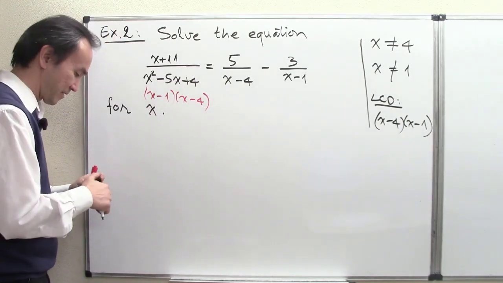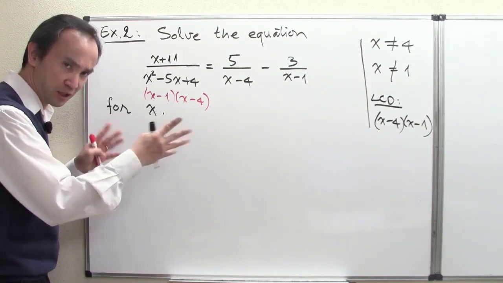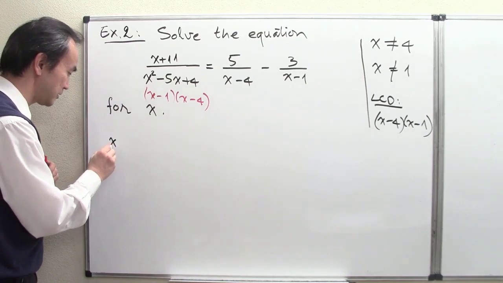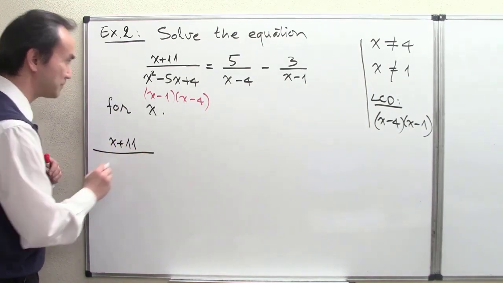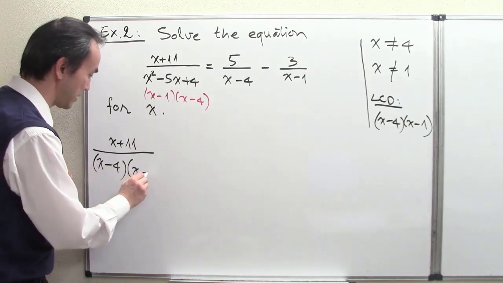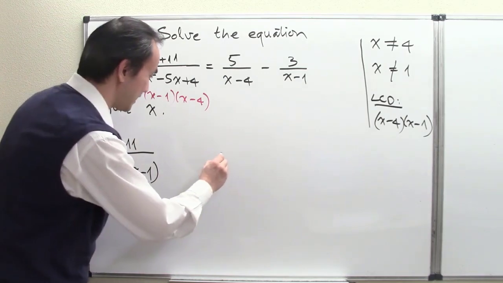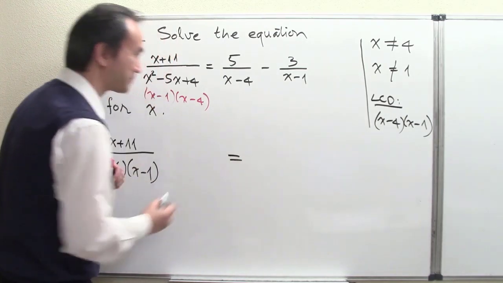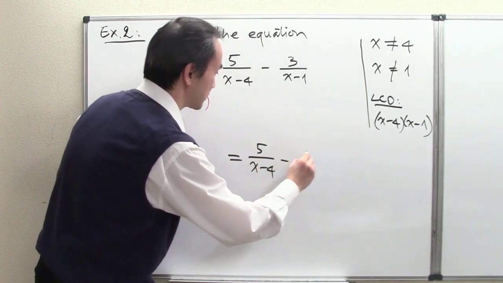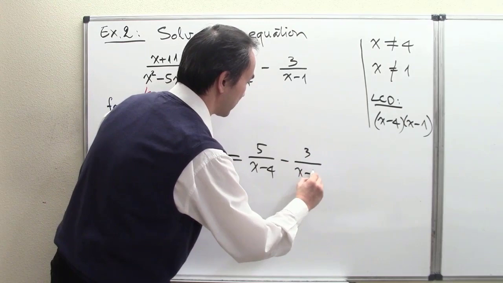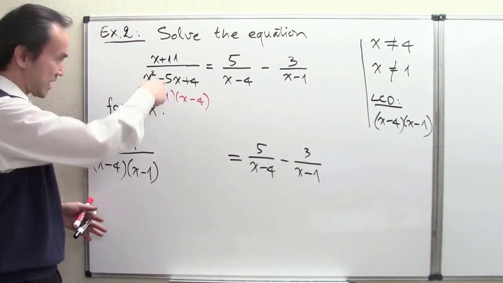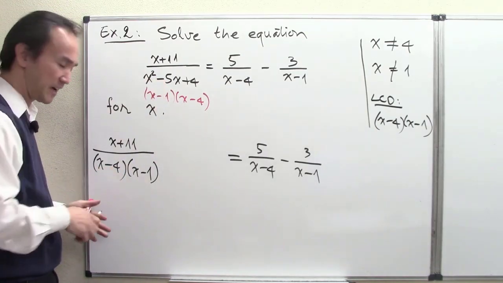So our equation before clearing fractions has on the left-hand side x plus 11 over x minus 4 in product with x minus 1, and that equals 5 over x minus 4 minus 3 over x minus 1. That's just the original equation. The only difference is that I wrote the left-hand side denominator as a factor product.